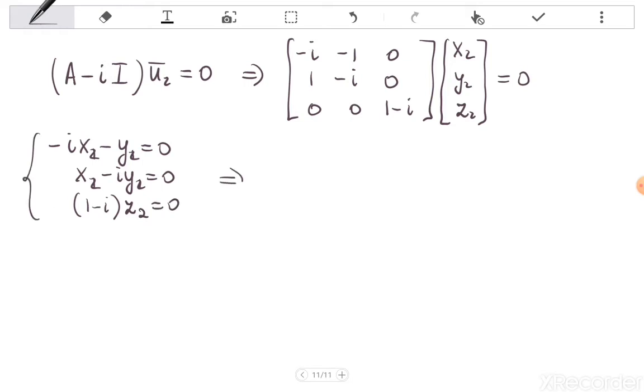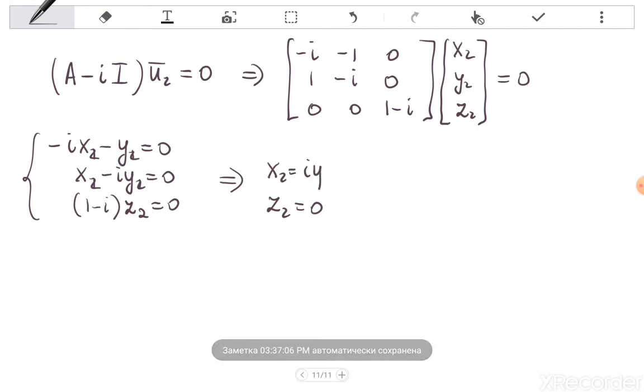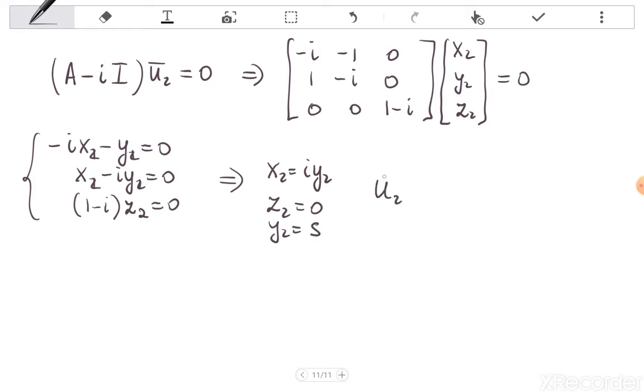So from this we get that z2 is 0. And these two in fact are linearly dependent. These are the same. If you multiply the second equation by minus i, you will get the first equation. So you can write x2 is i y2 and take y2 to be a parameter s. So u2 now is: x2 is i s, z2 is 0 and y2 is s. So let's firstly take s out of this.